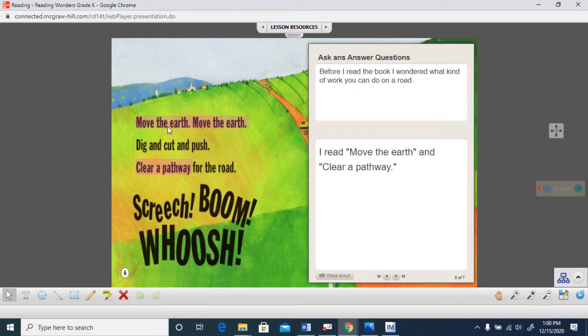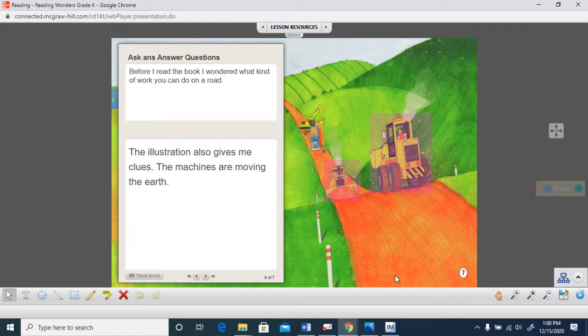Here it says, move the earth, clear a pathway. And so like we talked about yesterday, before I read the book, I wondered what kind of work you could do on a road. Here, I know you need to move the earth and clear a pathway. The illustration also helps me to understand that.